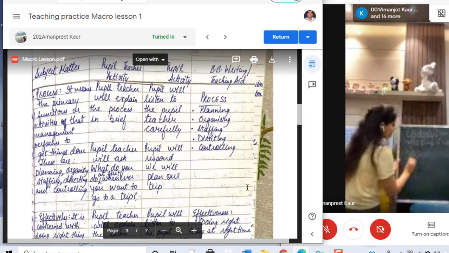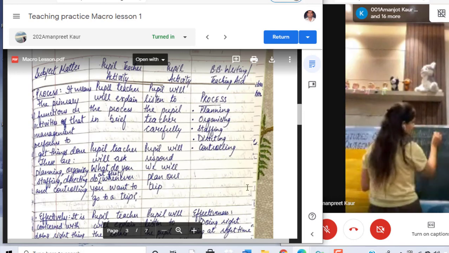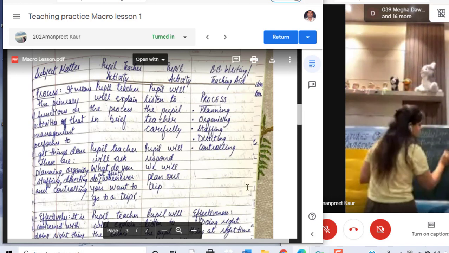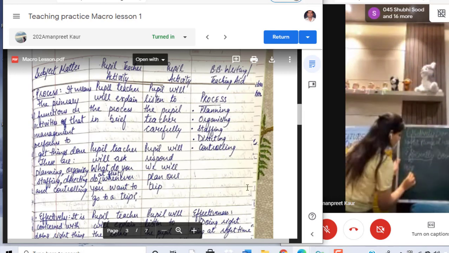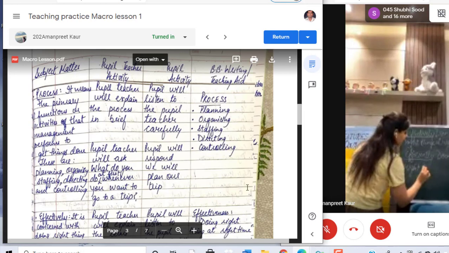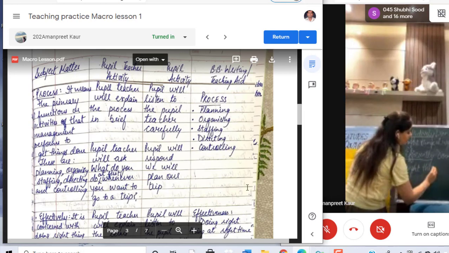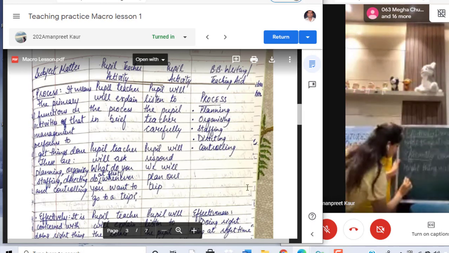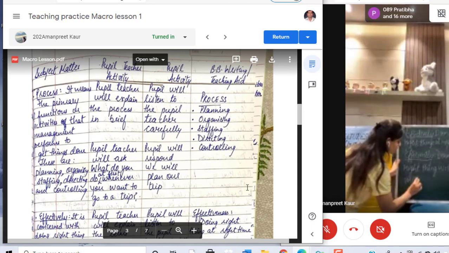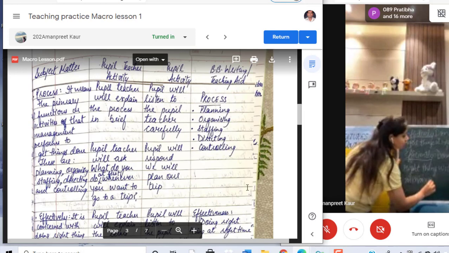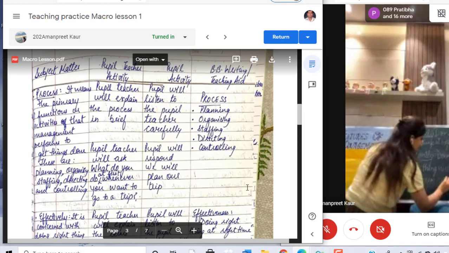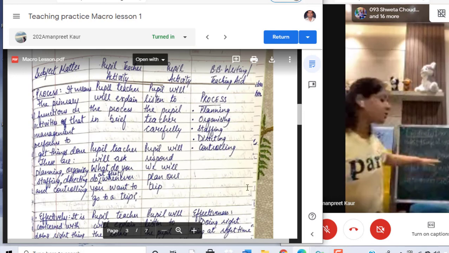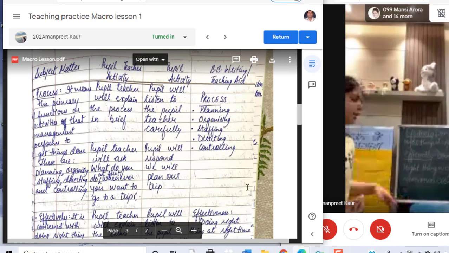And efficiently means doing the right things with minimum cost. So efficiently means doing the right things with the minimum cost.